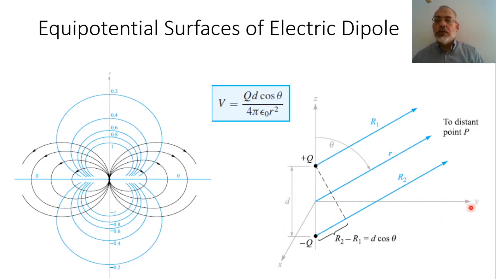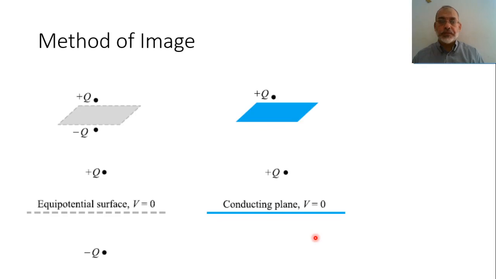So, assuming that we have replaced the xy plane by a perfectly conducting plane, and we have applied a potential equal to 0 on this plane, this conducting plane with a potential 0 plus the charge q would be equivalent to the two charges q and minus q separated by a distance d. This is actually what we are calling image theory, or the method of images.